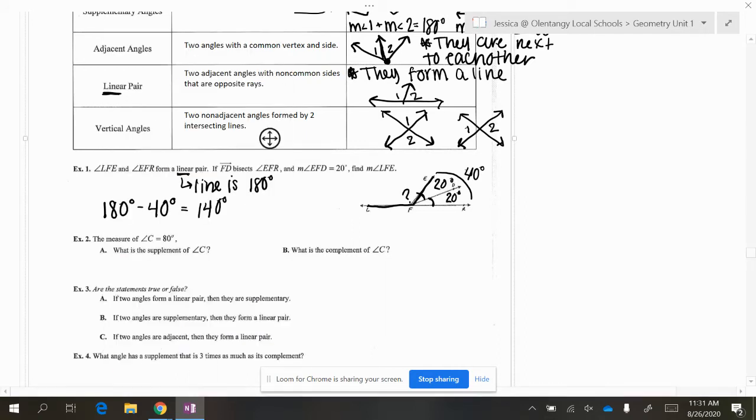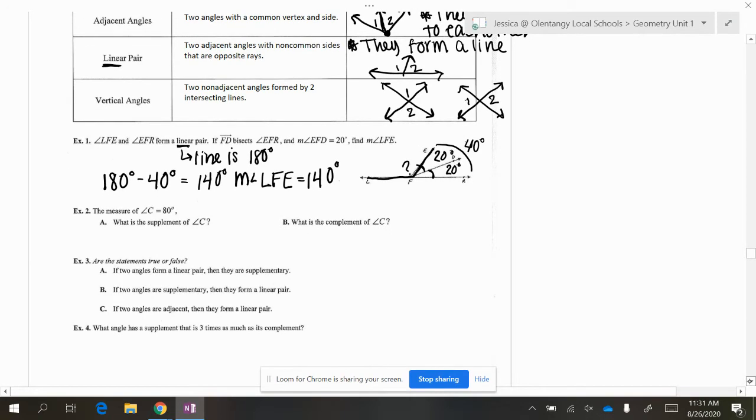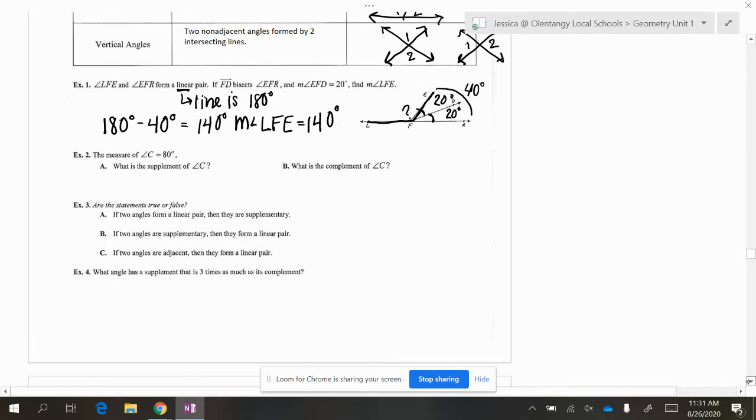So there we go. Measure of angle LFE is 140 degrees.